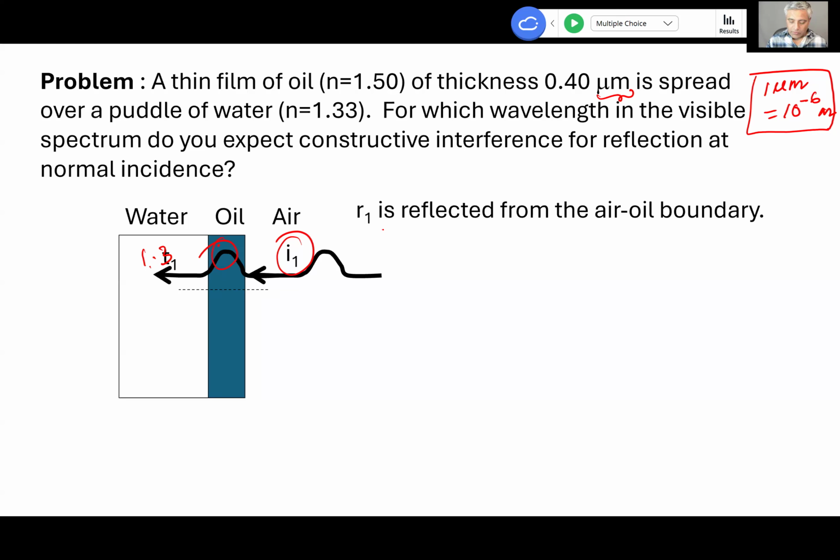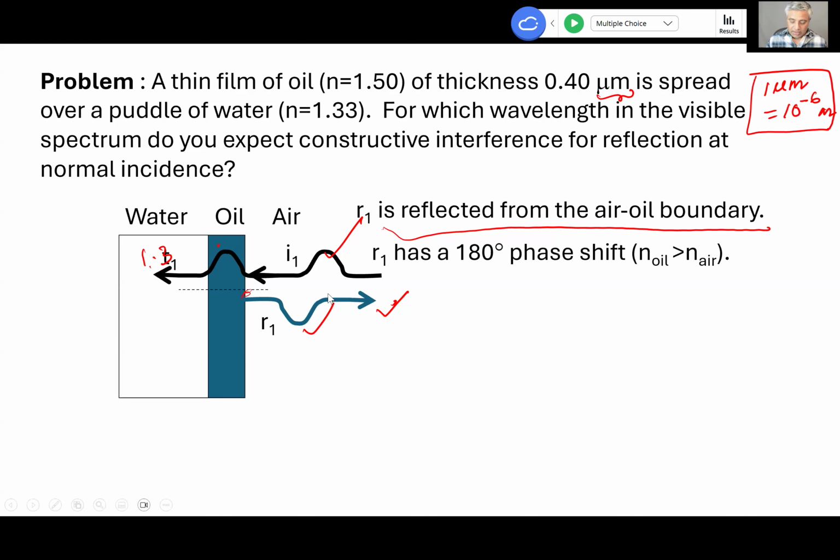Now the one that's reflected from the air-oil boundary, I'm showing as R1, and you can see here the hump got reversed, meaning the phase change is 180 degrees. So the phase difference between incident and reflected from this very first boundary is 180 degrees, which we can see just by looking at the humps.